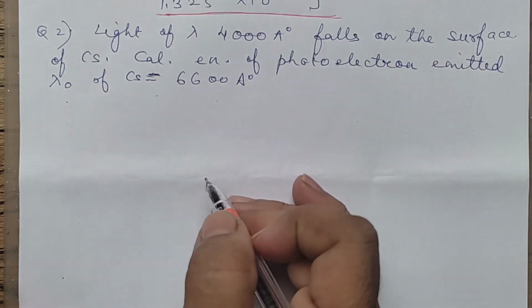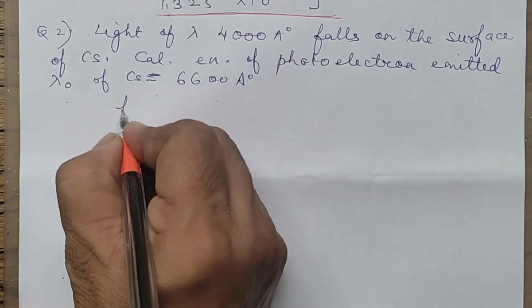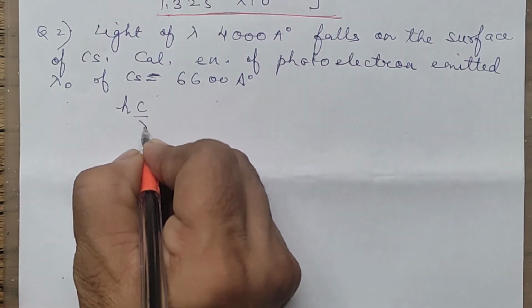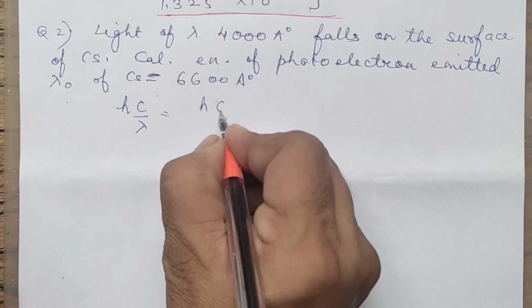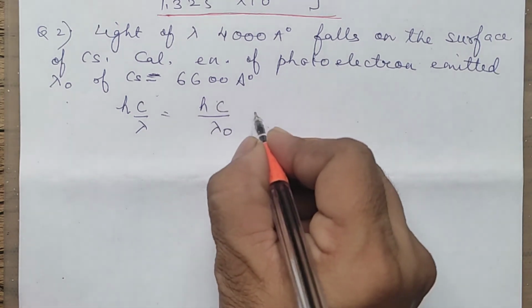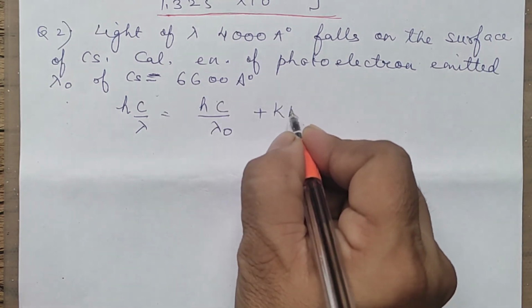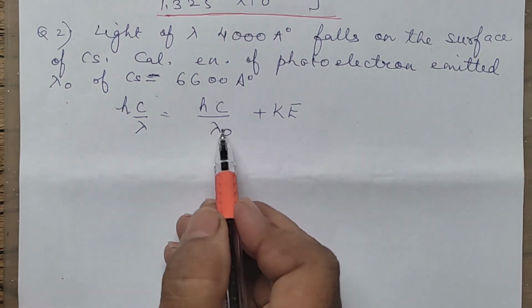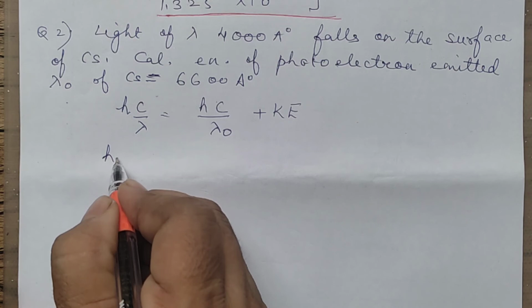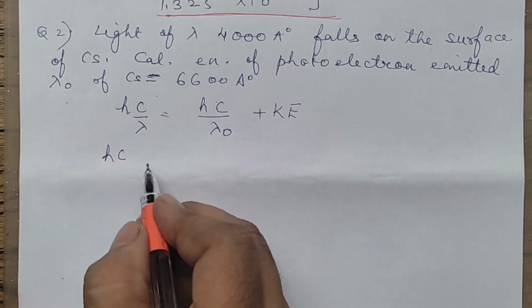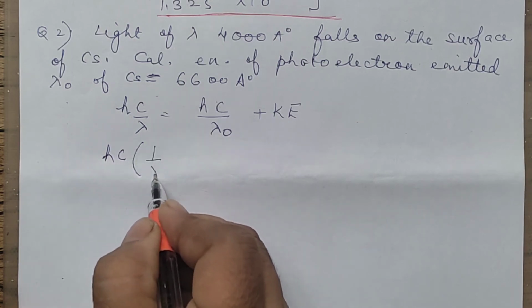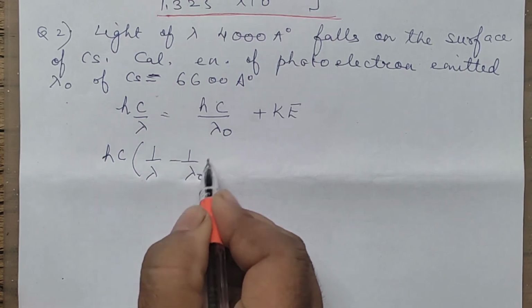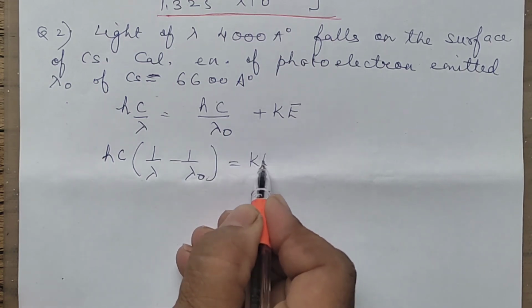So it is basically hc by lambda is equal to hc by lambda naught plus kinetic energy. I think you can try this out on your own. You can take hc common and bring it to the left hand side, and 1 by lambda minus 1 by lambda naught is equal to your kinetic energy.